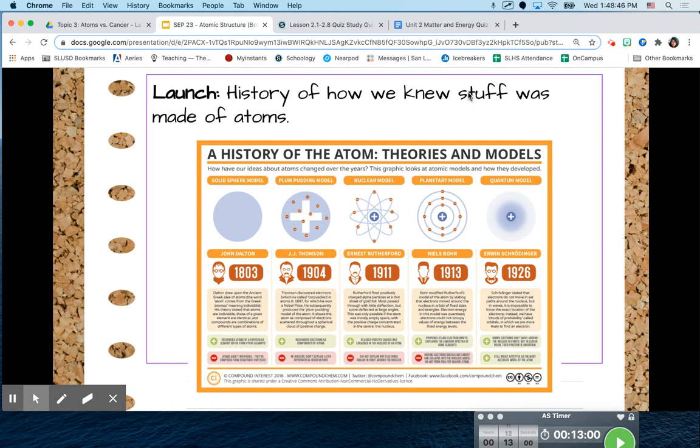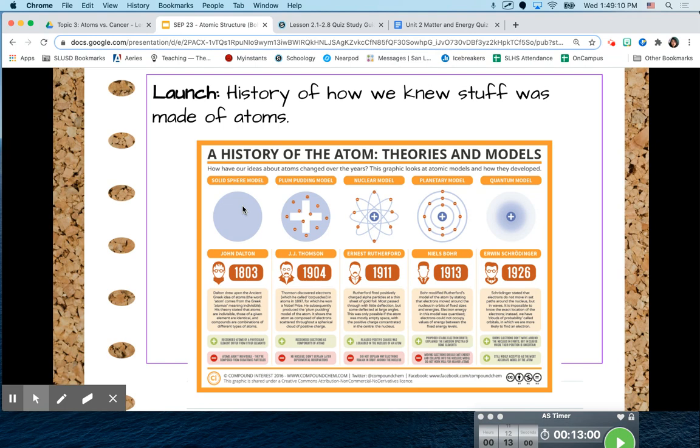In the Zoom class, I went over the history of the atom very briefly. In general, we thought of the atom as tiny spheres or balls. When we first started thinking about this, we wondered, what happens if I cut up stuff into tinier and tinier pieces?